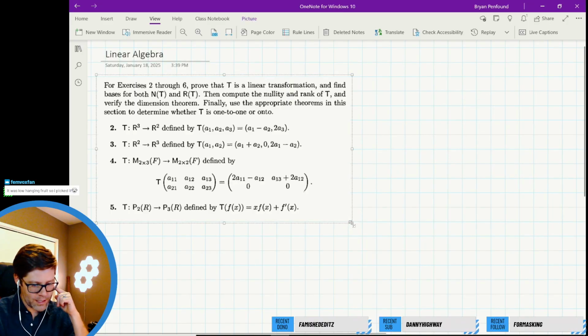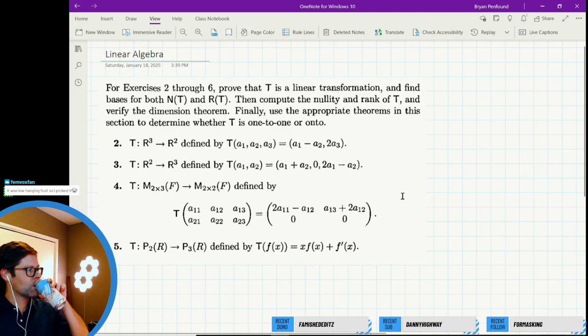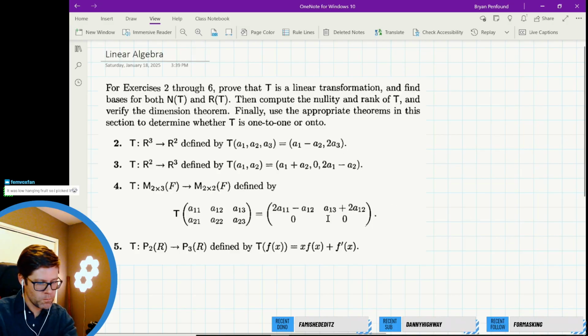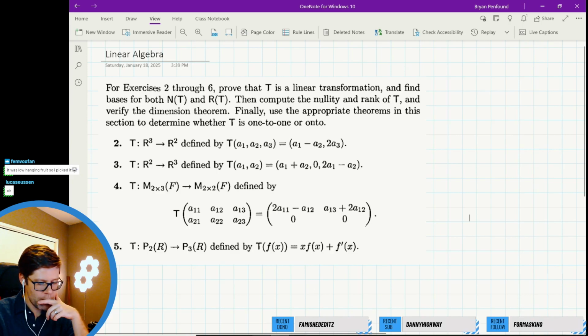We should do one of these. Let's do one that's like not a vector space. Let's do like either 4 or 5, I think. Once you get it posted, Lucas, let me know, and we'll go hunt it down. A matrix space or a polynomial space? Maybe a polynomial space. That seems like fun. This is x times f of x plus f prime.